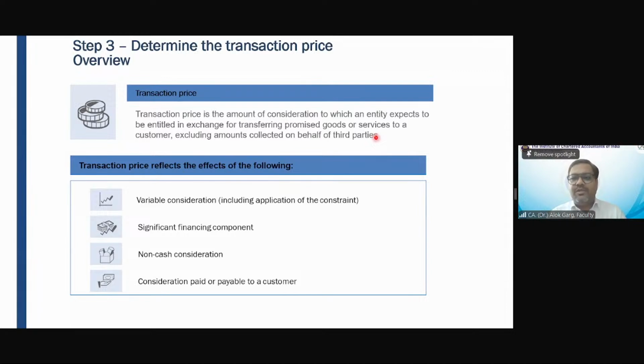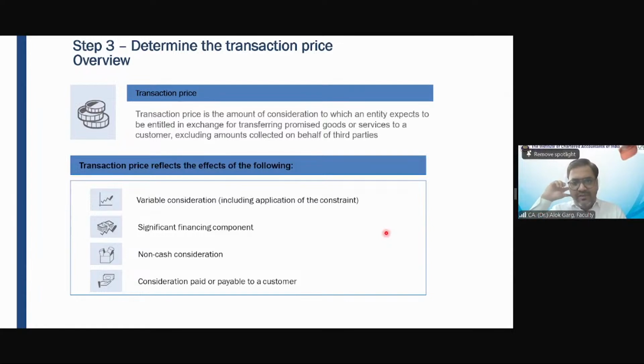The most likely approach is used when there is a binary outcome, when there are only 2 outcomes, either yes or no. Either you will pass or you will fail. So we discussed many illustration questions on variable consideration.